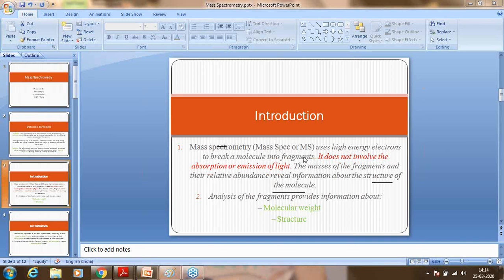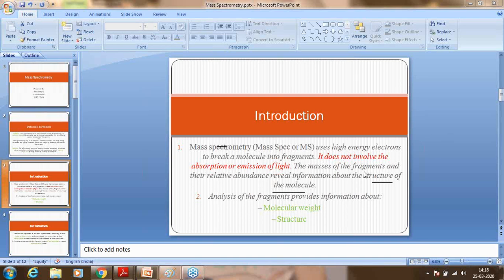That's why it is called a charged species. It does not involve the absorption or emission of light, unlike the other spectroscopic techniques that we have already learned, like ultraviolet, IR, and other techniques.